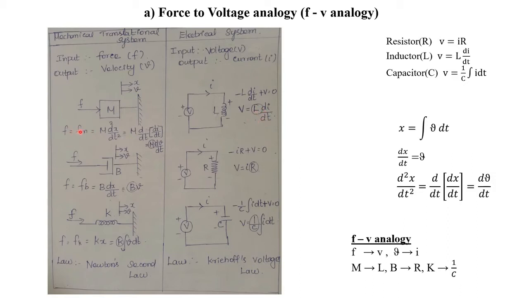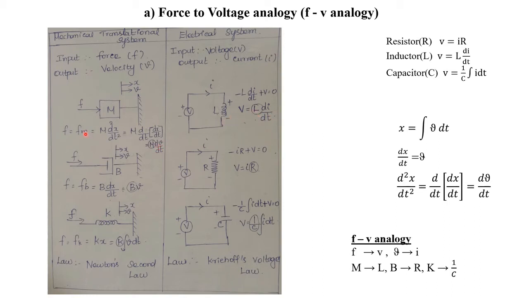The input force F equals M into the differentiation of the output velocity V. Here also the input voltage V equals L into the differentiation of the output current I. From these two equations, we can equate M is equal to L, because the system equations are in a similar form. Here we have a differentiation, here also we have a differentiation. So M can be equated to L.